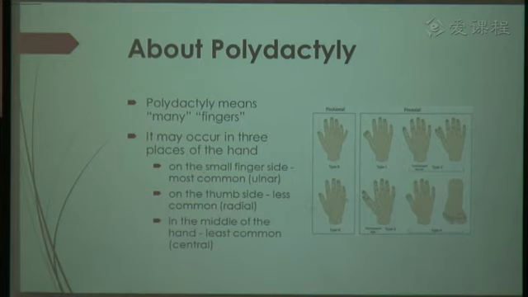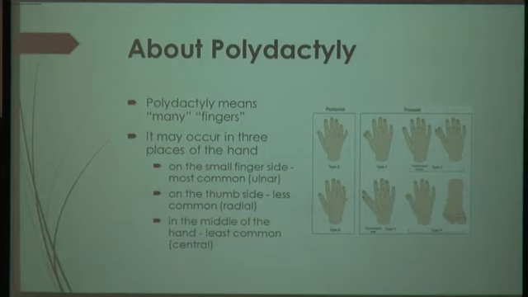Normally we have 5 fingers on each hand, and people with polydactyly usually have 6 fingers. This additional finger may occur in different places on the hand, and depending on that, we call it a different type of polydactyly.